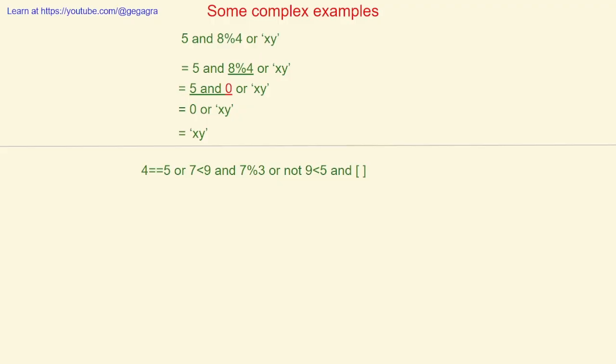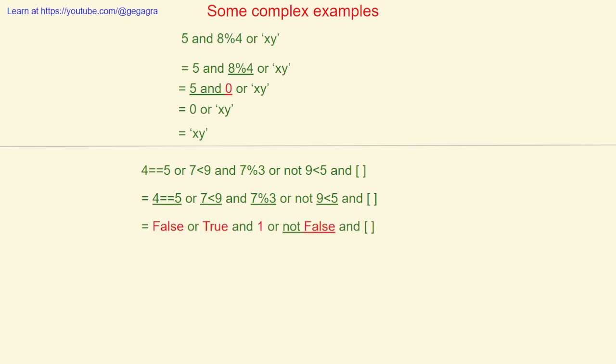We will first evaluate the relational operators. So 4 equal to 5 is false. We'll evaluate 4 equals 5, 7 less than 9, 7 modulo 3 and 9 less than 5, so these 4 items we'll have to evaluate first.